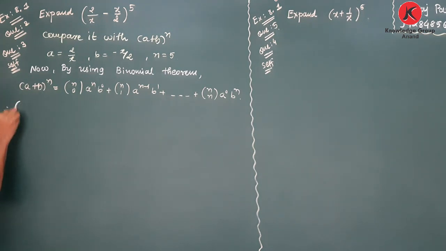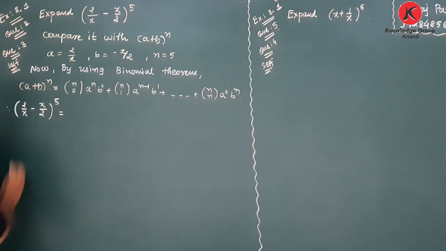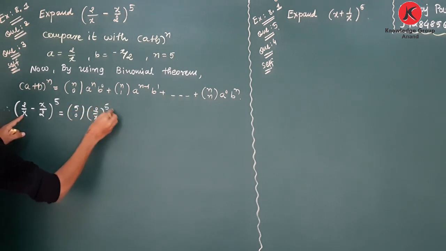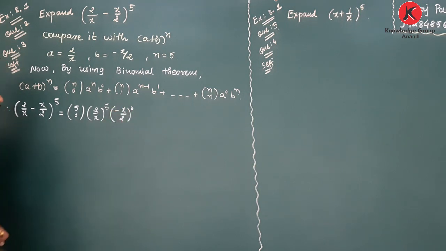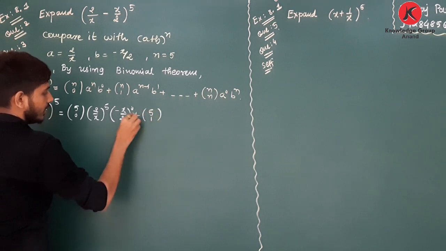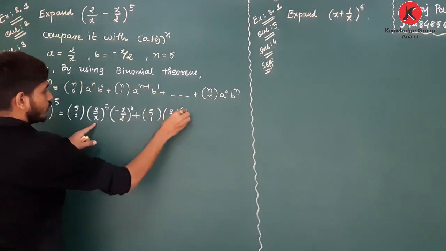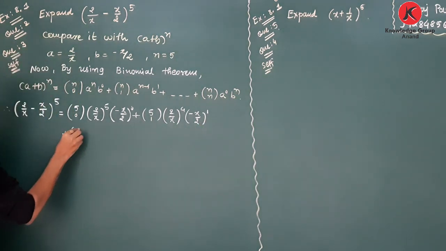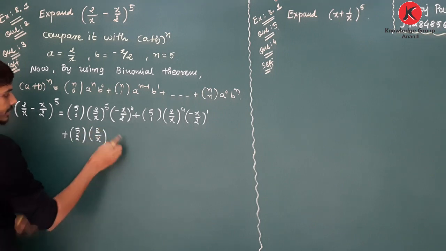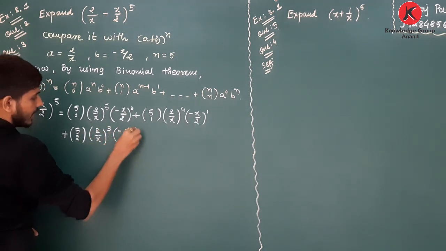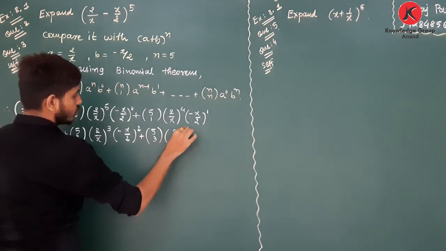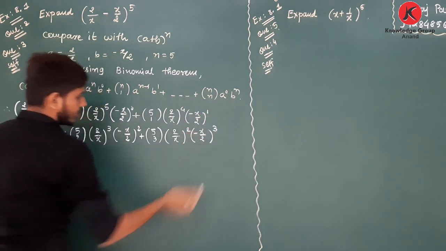Therefore we are getting (2 by x minus x by 2) whole raised to 5, which is equal to 5C0 (2 by x) raised to 5 into (minus x by 2) raised to 0, plus 5C1 (2 by x) raised to 4 into (minus x by 2) raised to 1, plus 5C2 (2 by x) raised to 3 into (minus x by 2) raised to 2, plus 5C3 (2 by x) raised to 2 (minus x by 2) raised to 3.